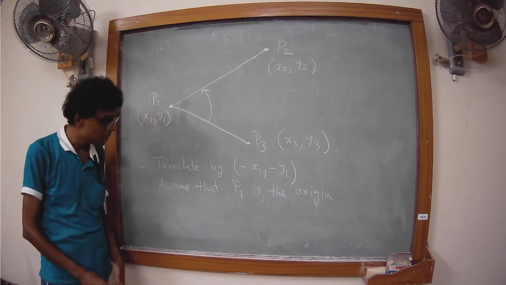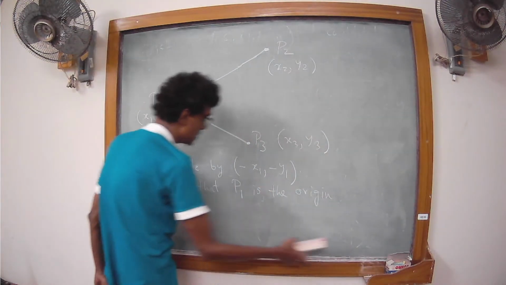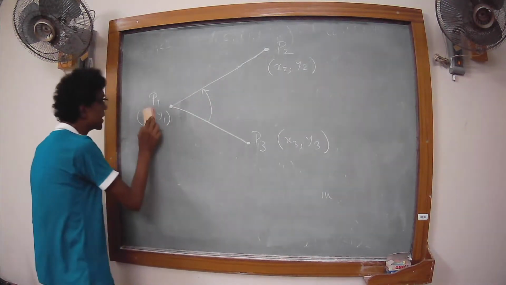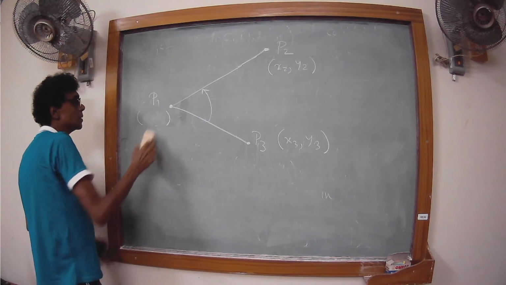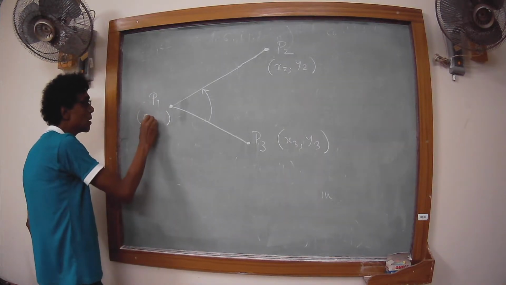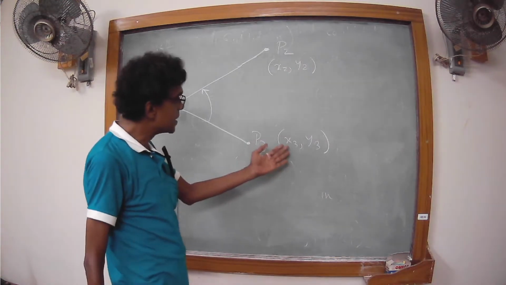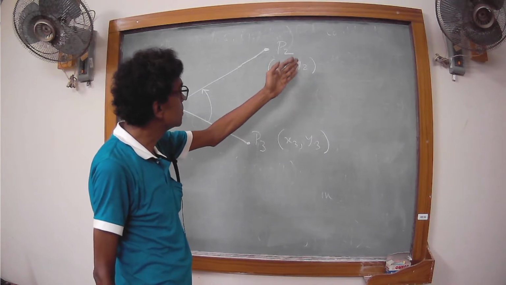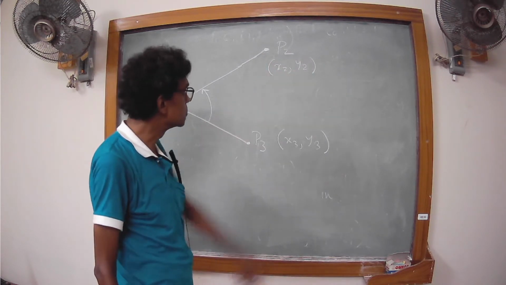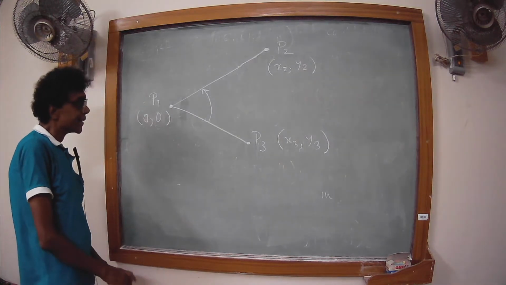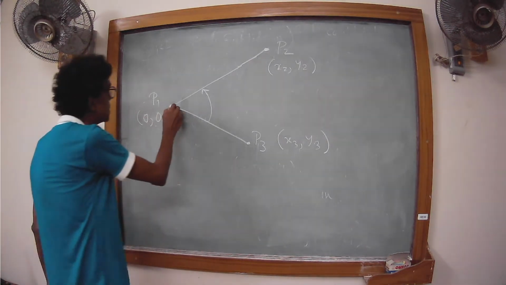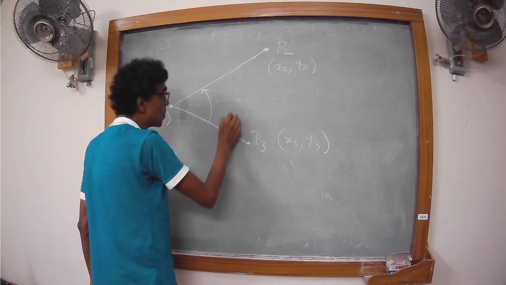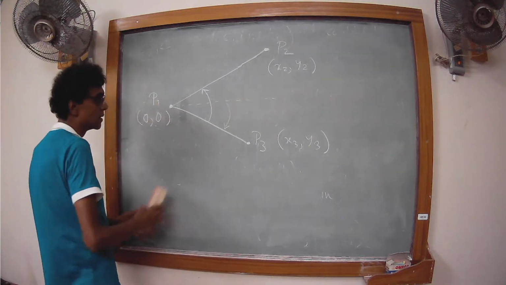So I can now assume after this translation, this is just 0, 0, and I rename x3 minus x1, y3 minus y1 as x3, y3, and x2 minus x1, y2 minus y1 as x2, y2. Now what I do, I just compute this angle. Okay.